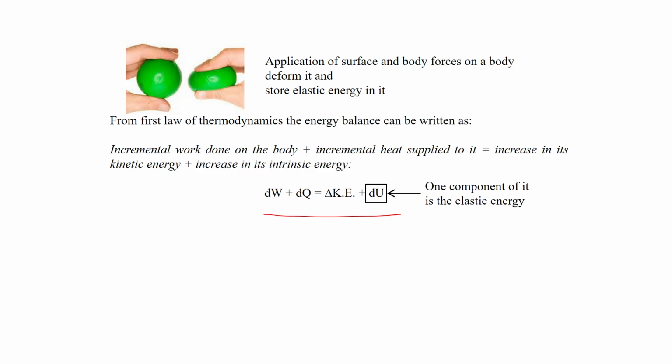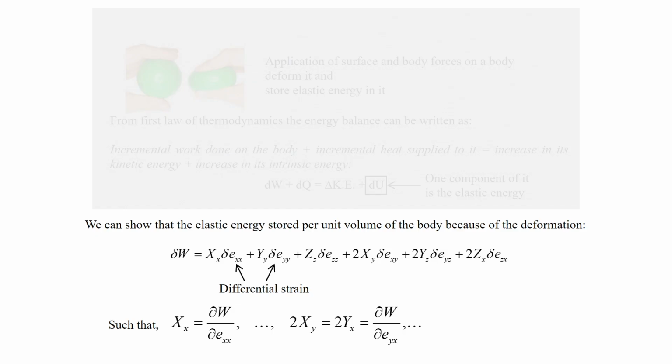We can further derive this equation, and finally we can get the elastic energy that remains stored per unit volume in the body because of its deformation by this particular equation, in which capital XX and the other terms are the components of the surface stress that we discussed already. del EXX is the differential normal strain, del EYY is the differential normal strain in the y direction, then the differential normal strain in the z direction, and del EXY is the differential shear strain.